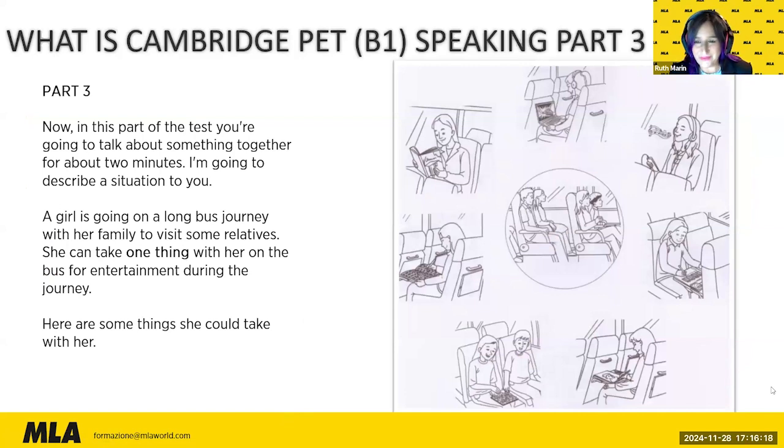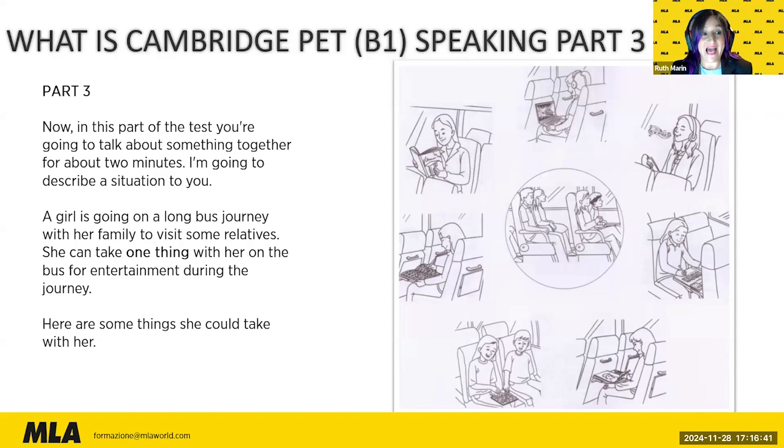Lovely. Hello, welcome, welcome. So this is part 3 for PET, B1. They give you some pictures. There are no captions. There is no writing. In this part of the test, you're going to talk about something together for about 2 minutes. I'm going to describe a situation to you, and then they tell them.